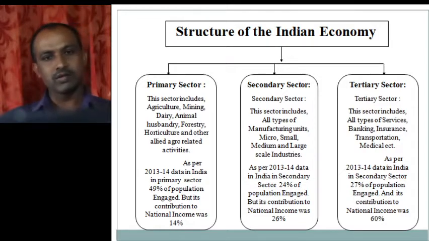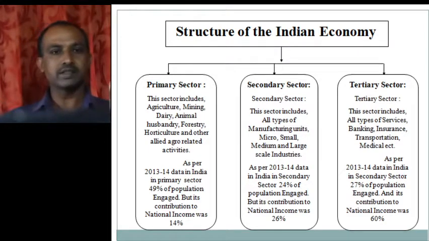And the dependency rate, as compared to these two sectors and to the contribution ratio, is less. Consider that 49% of the people in 2013-14 were engaged in the agriculture or primary sector, yet the contribution was only 14%. It is a very small contribution to national income.